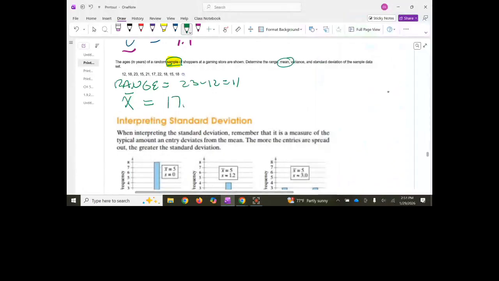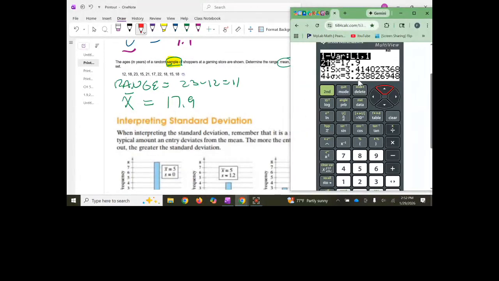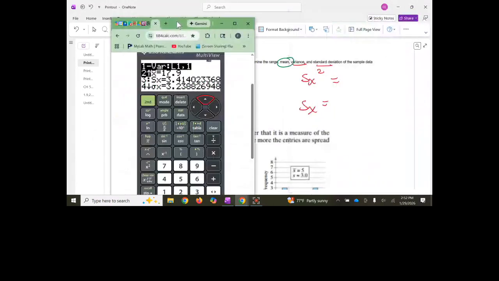Okay, then variance and standard deviation. Since we are talking about a sample, those are the symbols I'm going to look for on a calculator. So I'm going to scroll right here. Look, I found the sample standard deviation, 3.4.